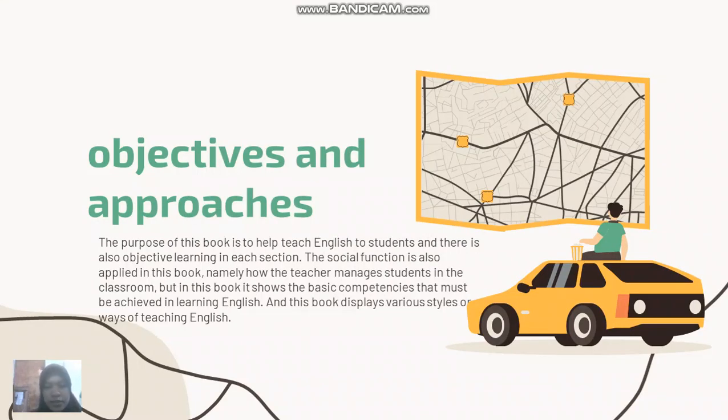The first criterion is objectives and approaches. The purpose of this book is to help teach English to students, and there is also a learning objective in each section.